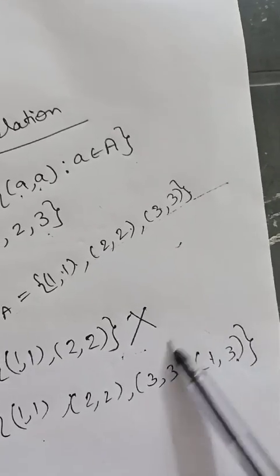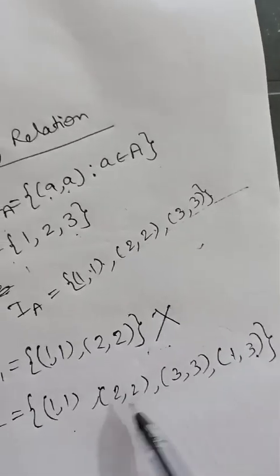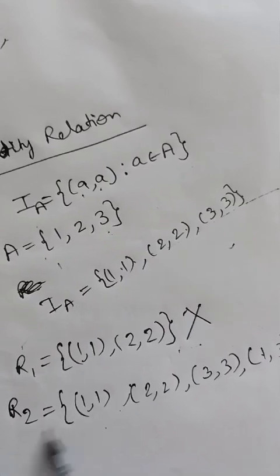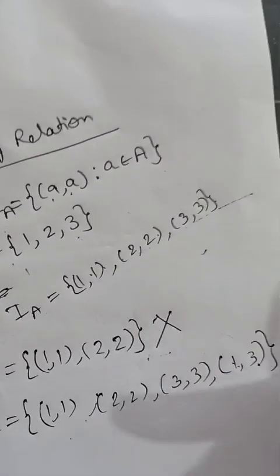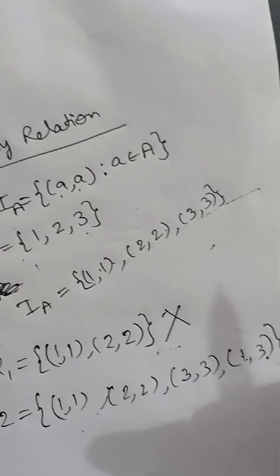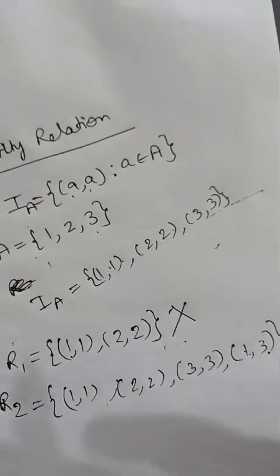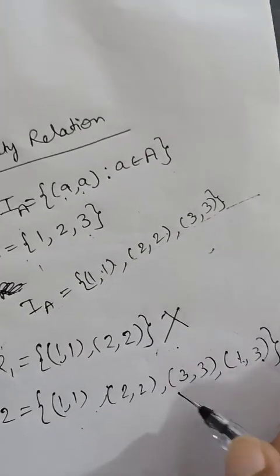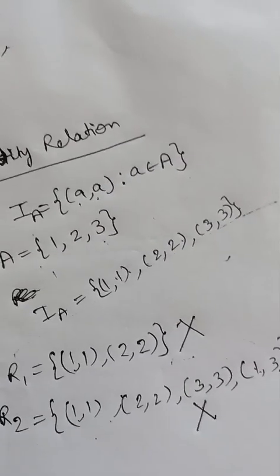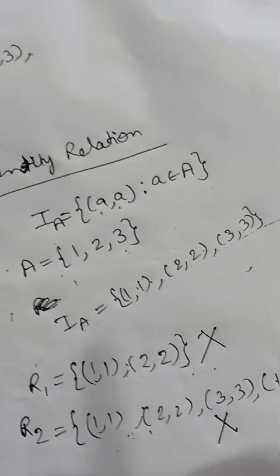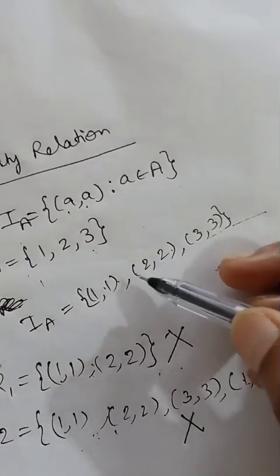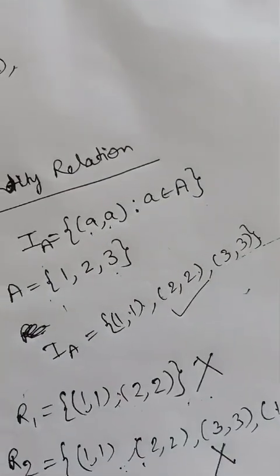This is a different ordered pair which is included here. So in that condition, when you get an extra ordered pair which is not related to itself, this is not an identity relation. So in these two cases the identity relation will not be valid. Only in the earlier case can you say this is the identity relation.